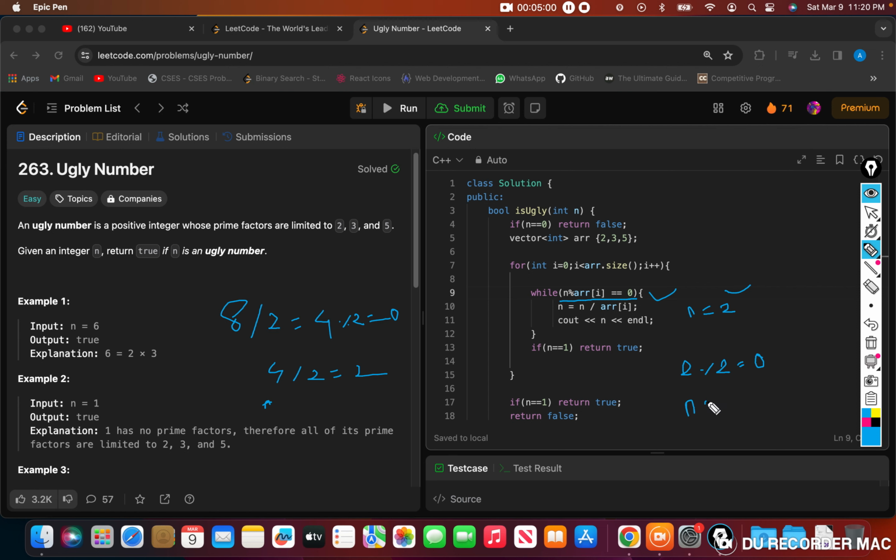Now n is equal to 2, and 2 divided by 2 gives 1. So it will break from the loop, then go to the if condition, and n is equal to 1. This condition will be true. Hence our answer will be true for the number 8.